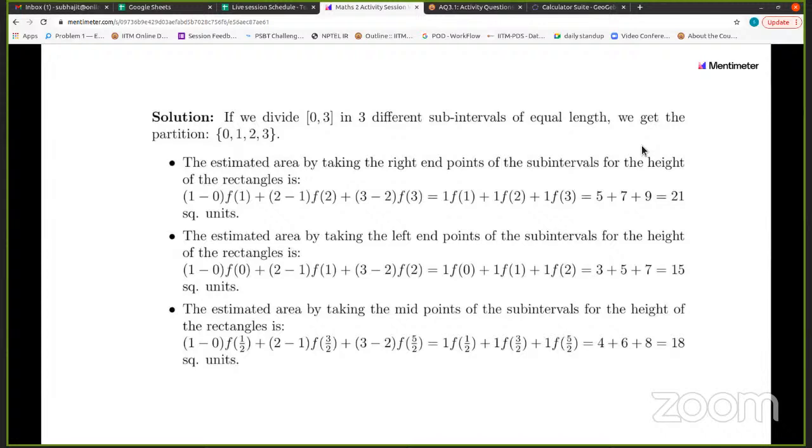I can calculate the area by taking the product F1 into 1. Then for the second rectangle, the area will be the length of the subinterval 1 into f of 2. And for the third subinterval 1 into f of 3. That's how I am estimating the area by taking the right hand points of the subintervals.